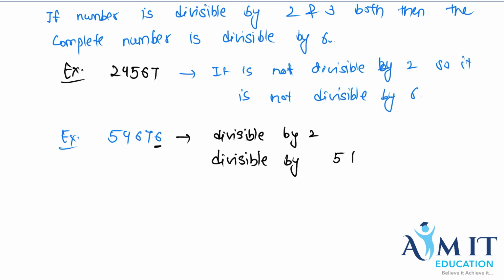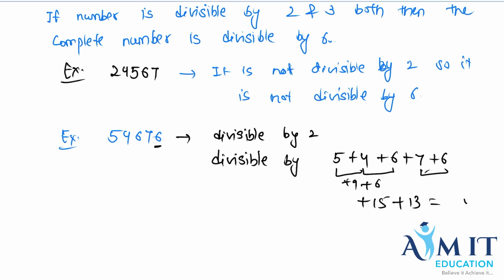So 5 plus 4 plus 6 plus 7 plus 6: 5 plus 4 is 9, 9 plus 6 is 15, 15 plus 7 is 22, 22 plus 6 is 28. So 28 is not divisible by 3. That means this complete number is not divisible by 6.